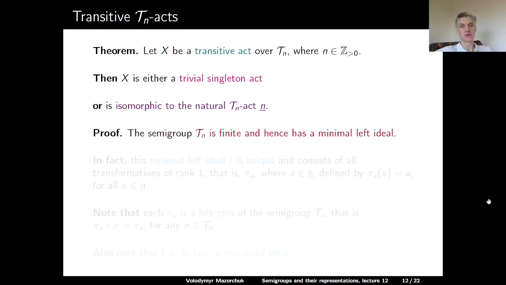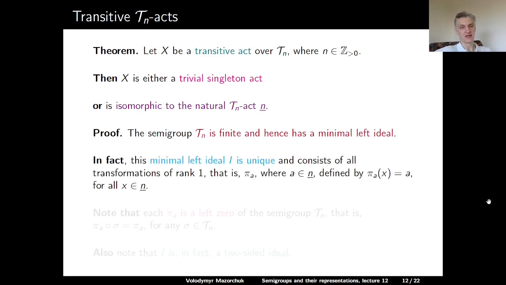Proof. The semigroup Tn is finite and has a minimal left ideal. And in fact, that minimal left ideal I is unique and it consists of all transformations of rank 1. So let's denote those transformations by special symbols.